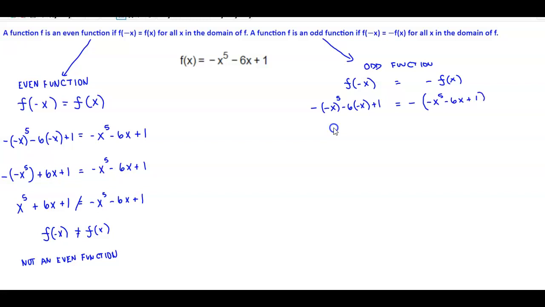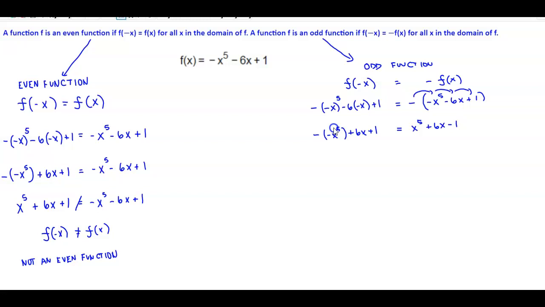So here we have negative x to the fifth plus 6x plus 1. And then we're going to distribute the negative sign to all of those terms, which gives us positive x to the fifth plus 6x, and then minus 1.